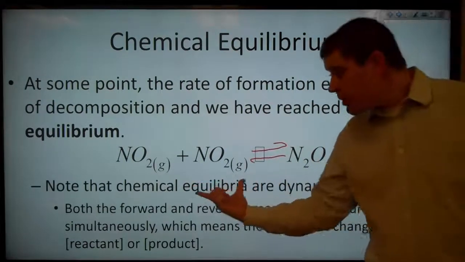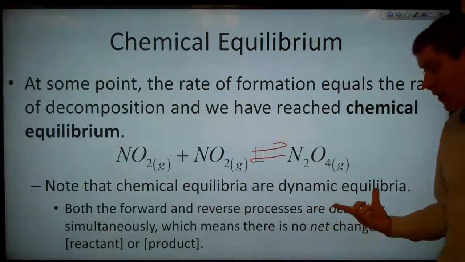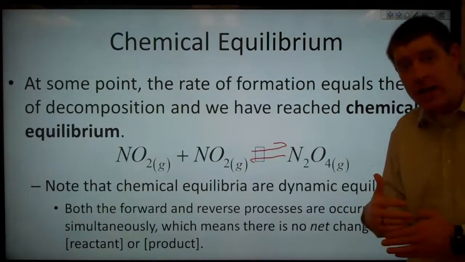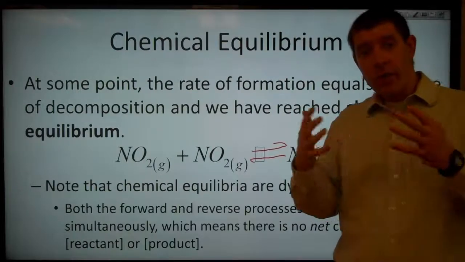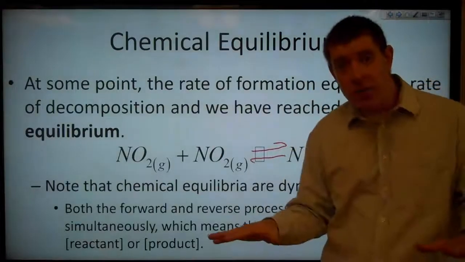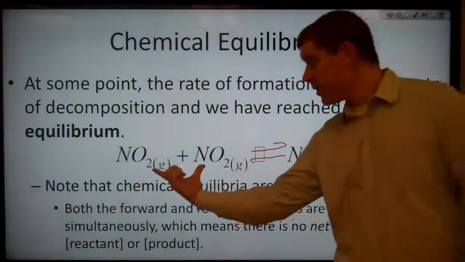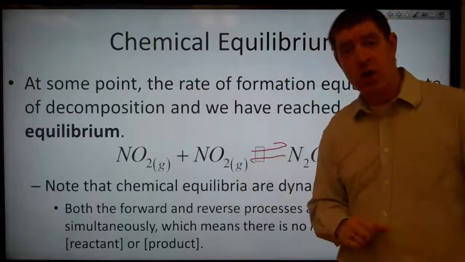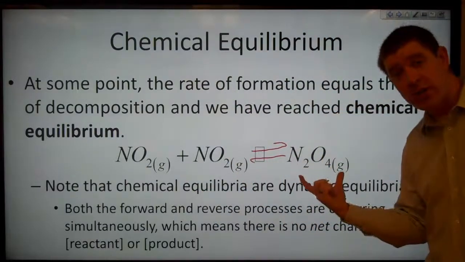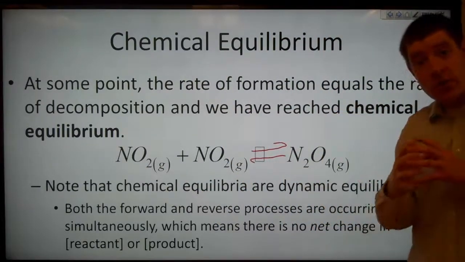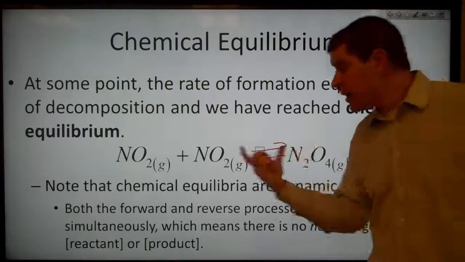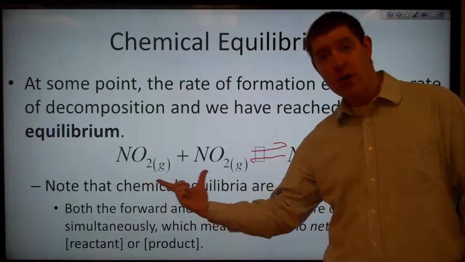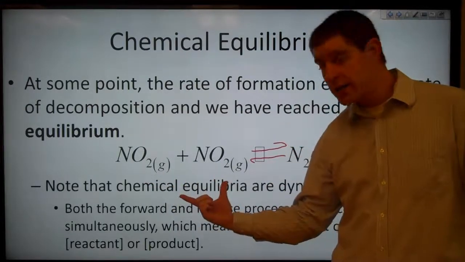So note here that chemical equilibria are dynamic equilibria, which means that both processes are occurring. It's not the case that we've reached some point where nothing happens anymore. We do still have the forward reaction happening. We have two NO2 molecules combining together to give us our dinitrogen tetroxide, and we have some dinitrogen tetroxide molecules decomposing, going backwards to give us our two NO2 molecules, again, the nitrogen dioxide.